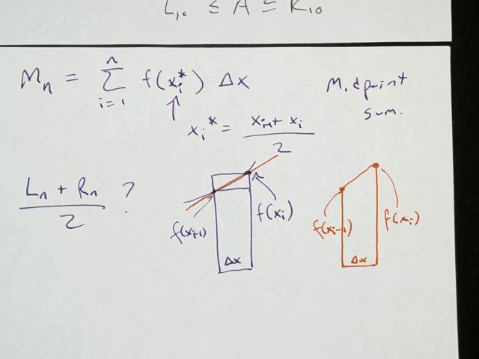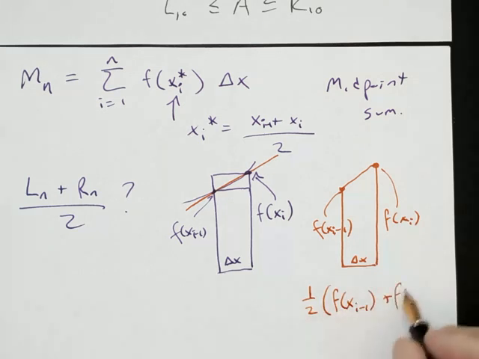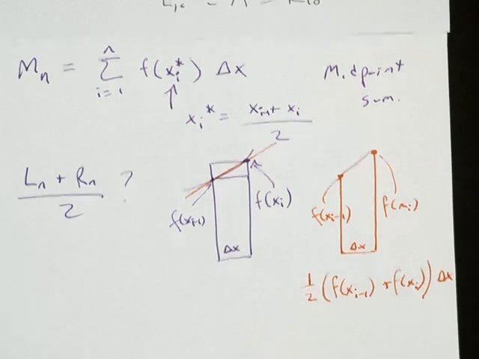Well, the area of the trapezoid averages those two sides and multiplies by the width, which is exactly what ln plus rn over 2 does. It adds them together and divides by 2.